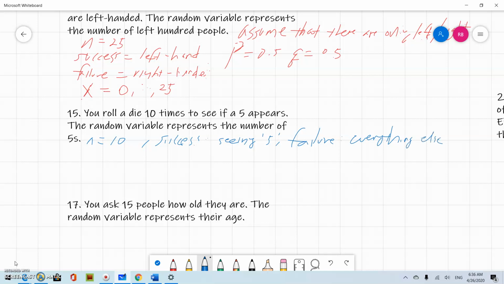And then p would be 1 over 6. And then q would be 5 over 6 because there are 5 outcomes out of 6. So the random variable x can be anywhere from 0 to, again, 10. Because you're rolling 10 times, you can see 0 fives, and you can see 10 fives when you roll 10 times, right?